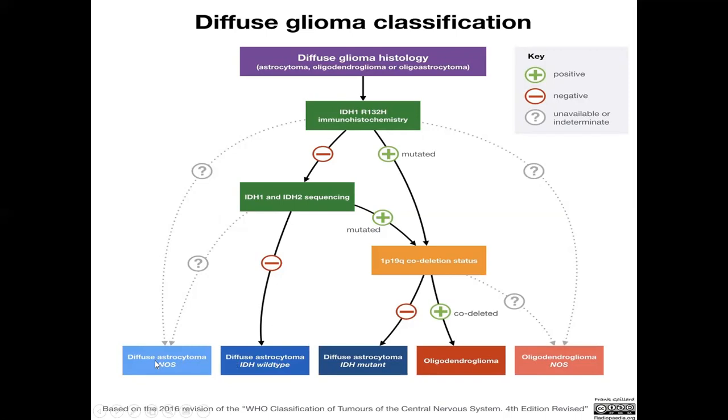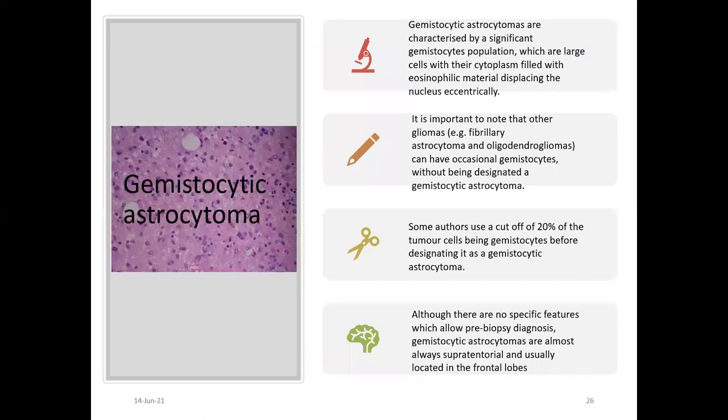If not determined, it is NOS. So: mutated and co-deleted, oligodendroglioma; mutated and non-co-deleted, diffuse astrocytoma; not mutated, IDH wild type; not determined, diffuse glioma NOS.